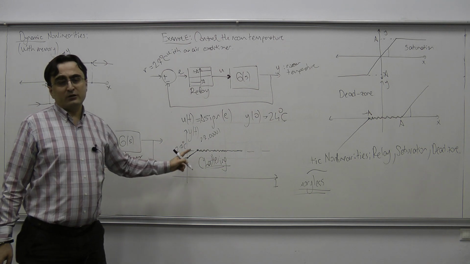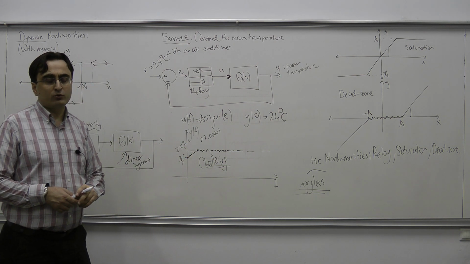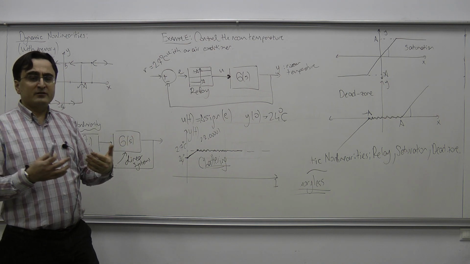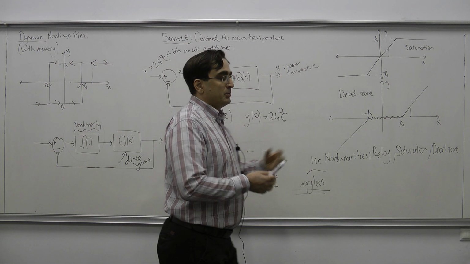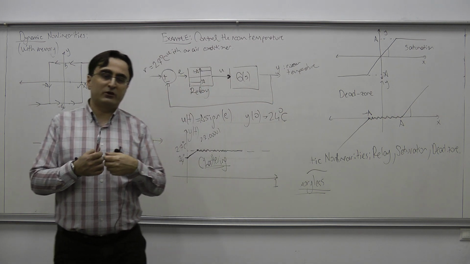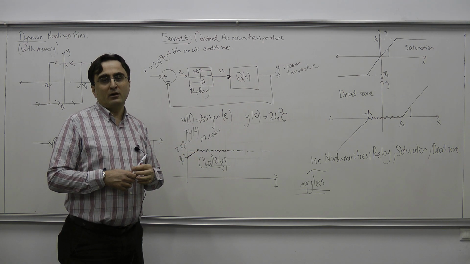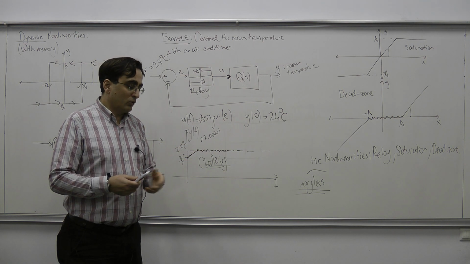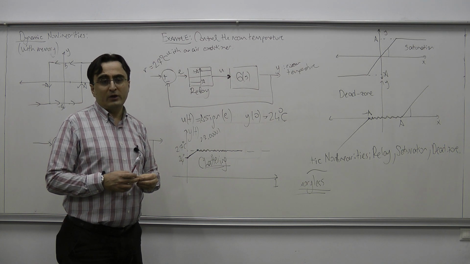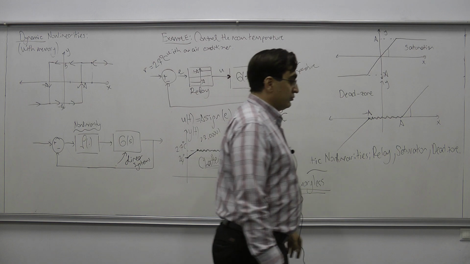So we really would like to avoid this type of behavior of the controller, because switching means that we are playing with some physical elements, and if we need to switch quite frequently, then that element is going to get older and older. So it is not going to be useful anymore after some time.